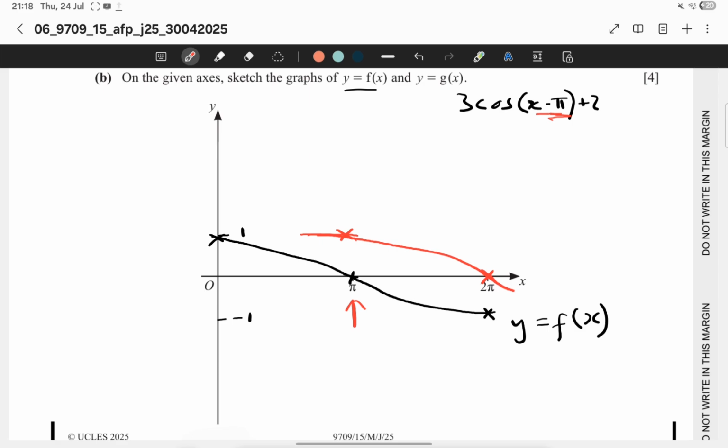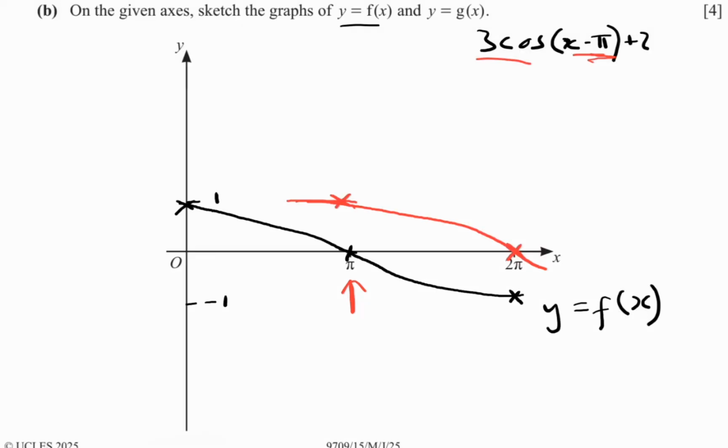But after that, we know that there is a vertical stretch, so it's like just multiplying the graph by 3. And to do that, we know if we say 1 times 3, we get a 3, and minus 1 times 3, we get minus 3, right? Then after that, we're going to add 2, right?